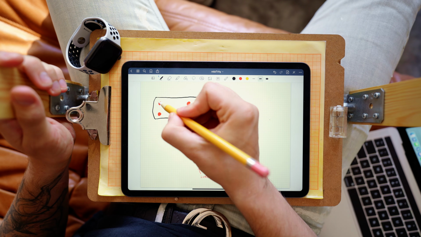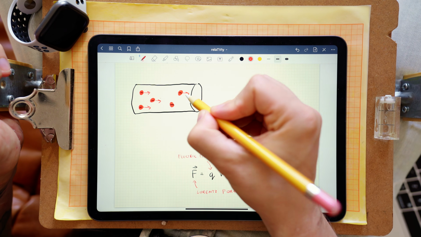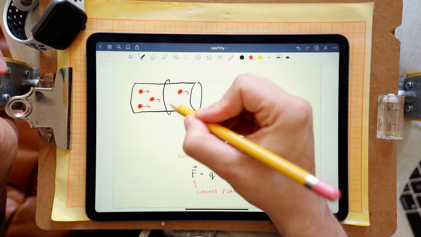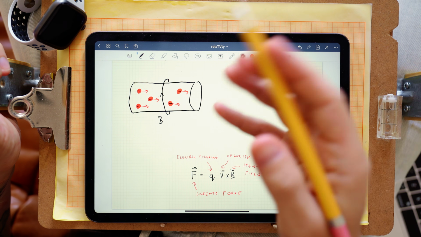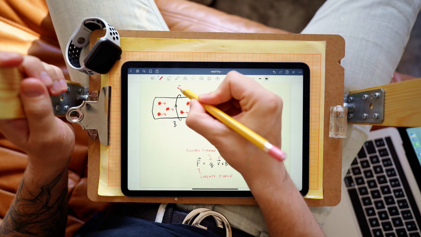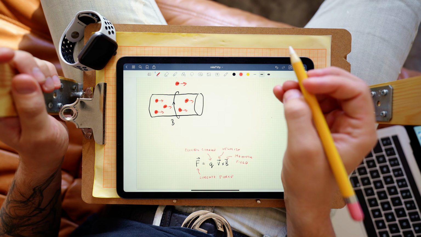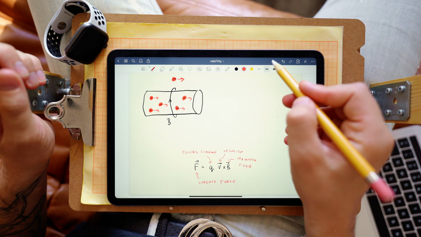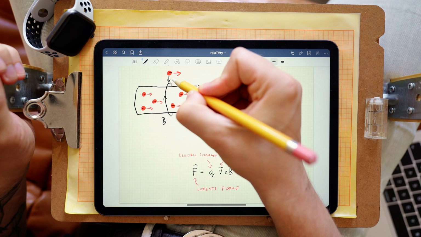Such a current is essentially a stream of electrons moving in one direction, and that stream of electrons generates the magnetic field circulating around the cable. So if you place an additional electron outside of the wire that is also moving with the other electrons, then the magnetic field will generate a magnetic force attracting the electron towards the wire.